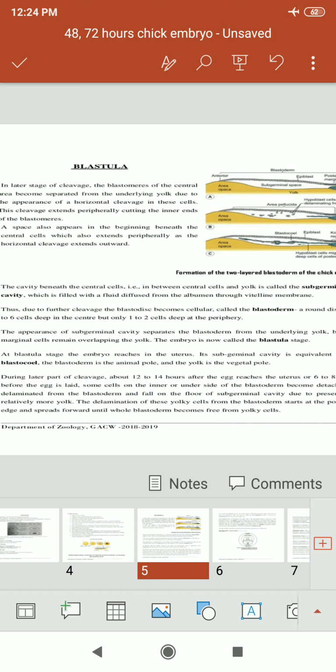This blastula is a hollow sphere of cells or blastomeres. They are produced during the development of an embryo by repeated cleavage of a fertilized egg. The cells of the blastula form an epithelial layer called the blastoderm, enclosing a fluid-filled cavity, the blastocoel.